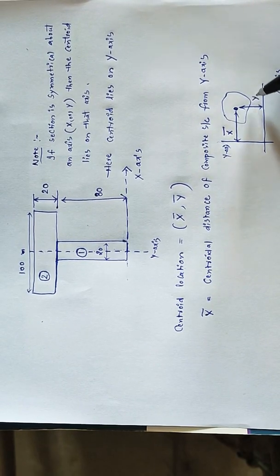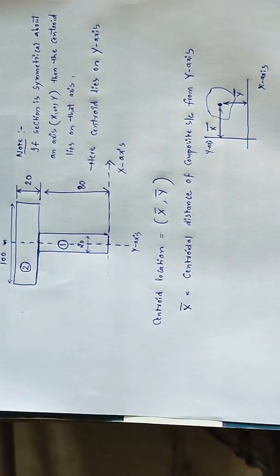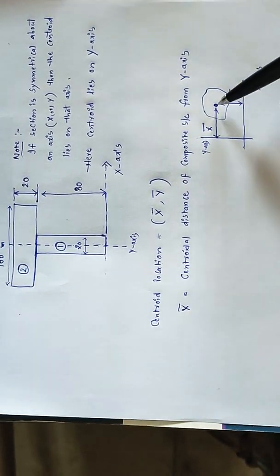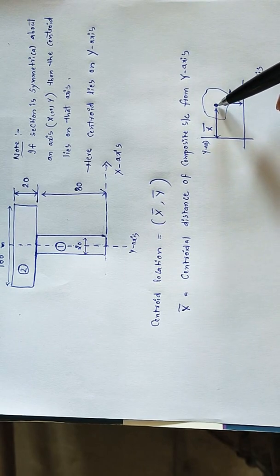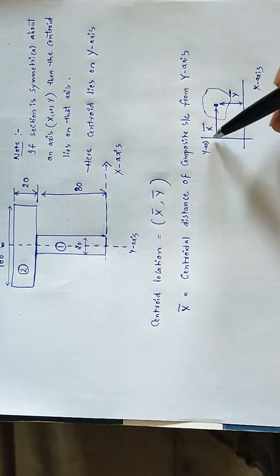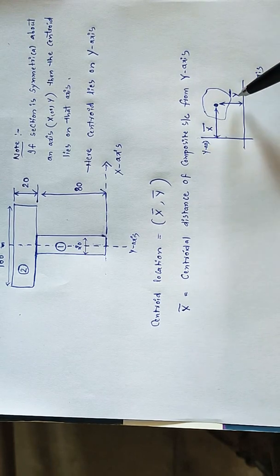And this position, if you measure this centroidal distance from the x-axis, then it is called y bar, because we are measuring vertically, in the direction of the y-axis.